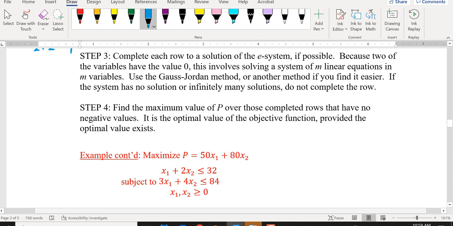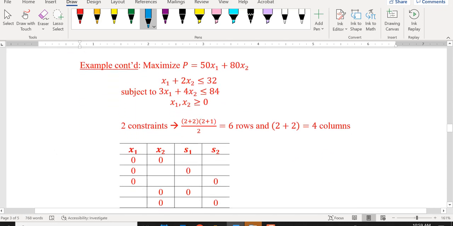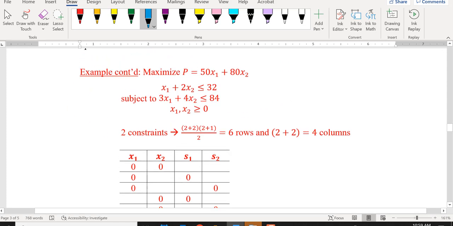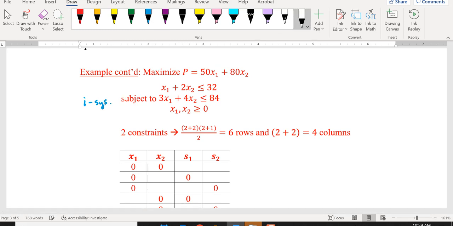All right, here we go. We're going to actually go set up the table and solve that table for this initial problem that we were given. All right, this is the I system, right? I'm going to get rid of that. We need to convert it to an E system. You remember how? Slack variables.